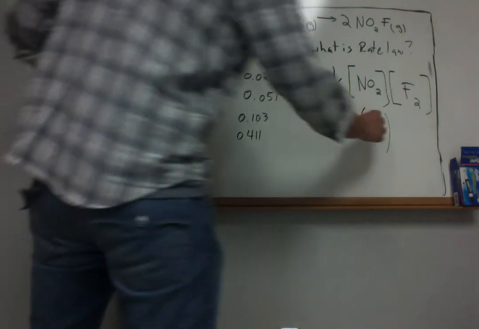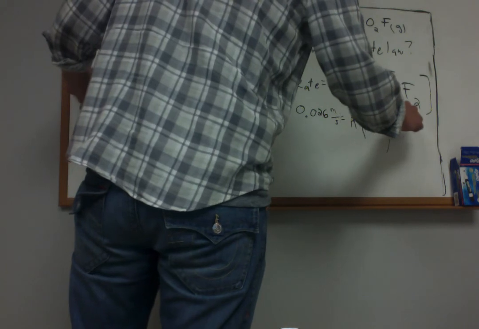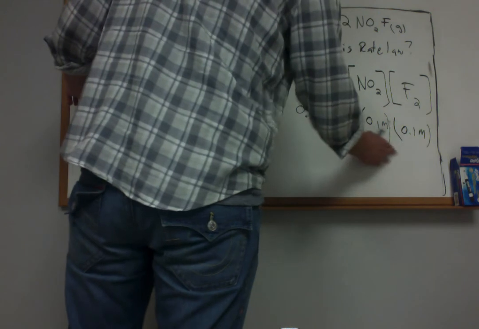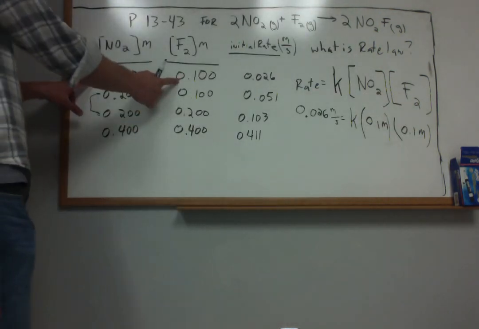I'm going to write that in for 0.1 moles per liter times 0.1 moles per liter, because that's my concentration of the fluorine in that experiment as well.